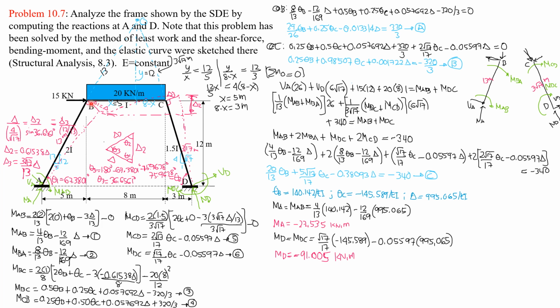By the way, the deflected shape would be from point B, since the expected movement would be rightward, you draw a line perpendicular to axis AB, and the end is the end of B, which is denoted by B prime. Then it will go down. Same is true at C, perpendicular to C on axis CD.